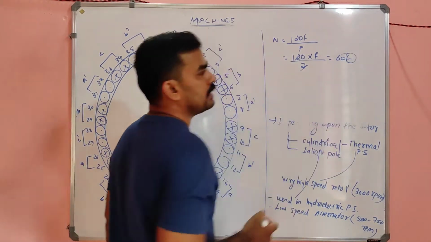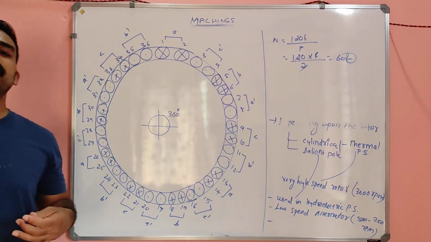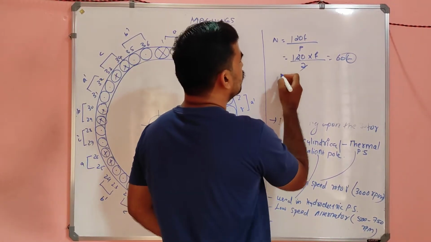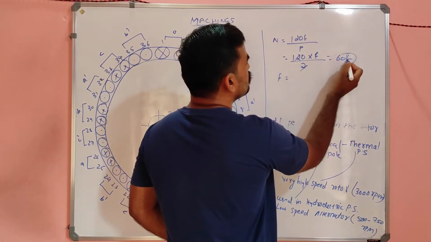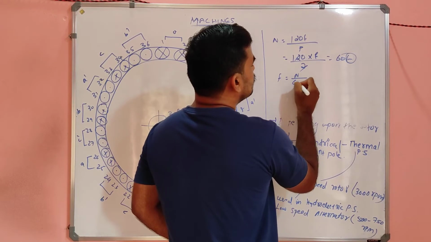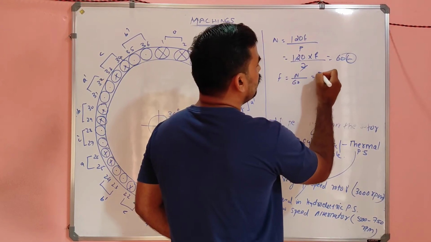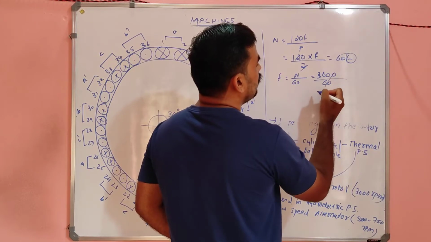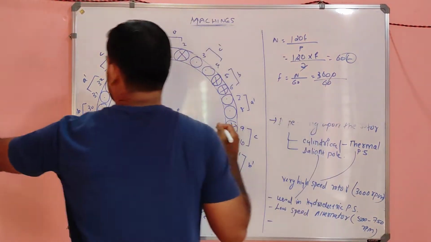So if we want a standard output frequency of 50 Hertz, then what will be the speed? From this equation, F is equal to N by 60. So N to be 3000, then only... not 3000 my dear.